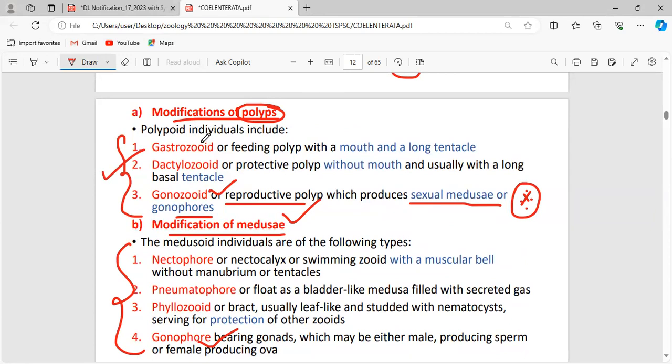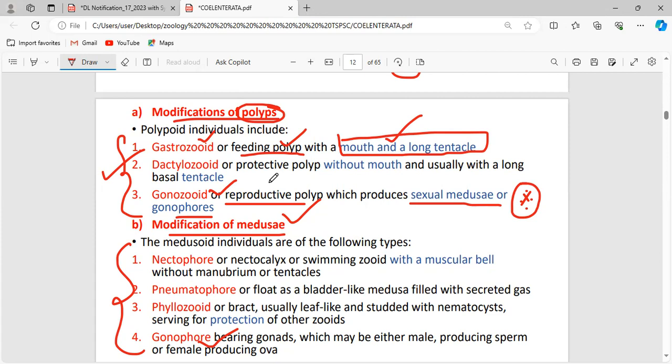The first thing is the modification of polyp. The polyp has been modified first into the gastrozooid. Gastrozooid is concerned with the function of feeding. For feeding, it has to develop a structure called the mouth and a long tentacle. The tentacle is to capture the prey, and to get the food inside the body, it needs the mouth.